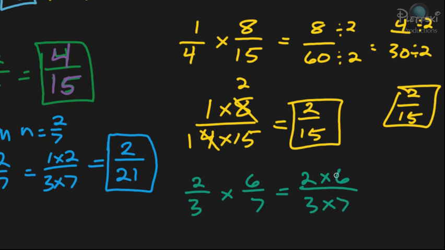And now you can see that the 6 and the 3 can both be divided by 3. So we can simplify it and say 6 divided by 3 is just 2, and 3 divided by 3 is 1. And now we can do our multiplication. 2 times 2 is 4, and 1 times 7 is 7. And that'll be our answer, 4/7.